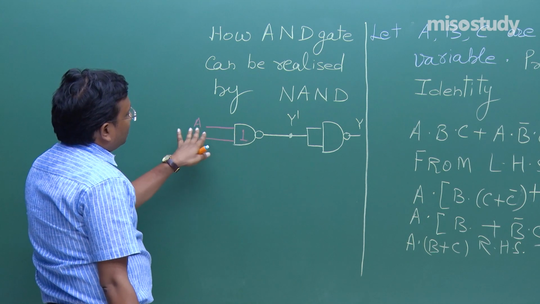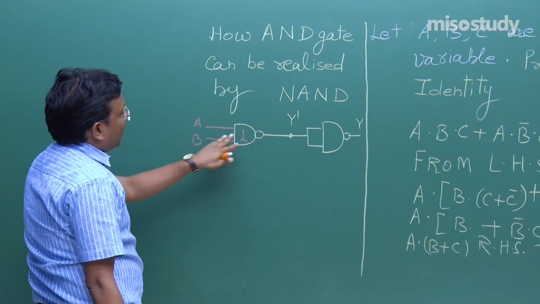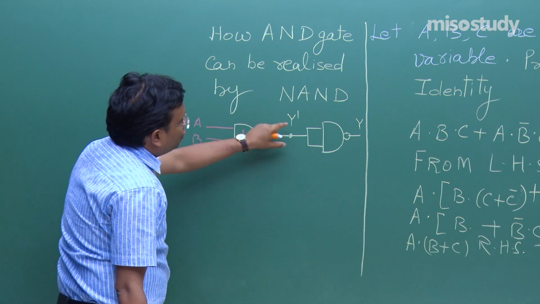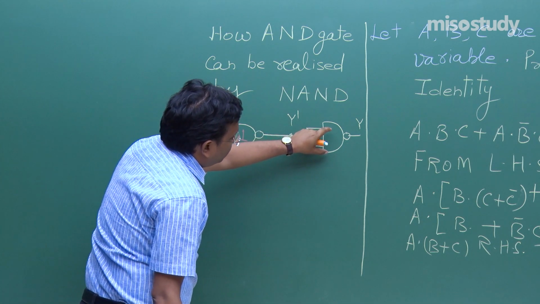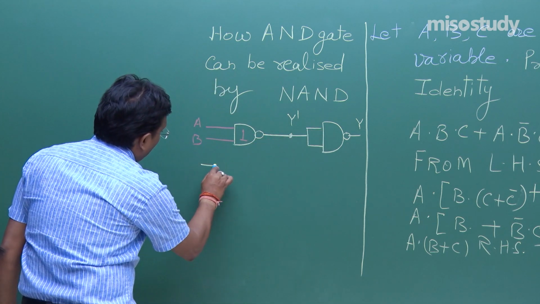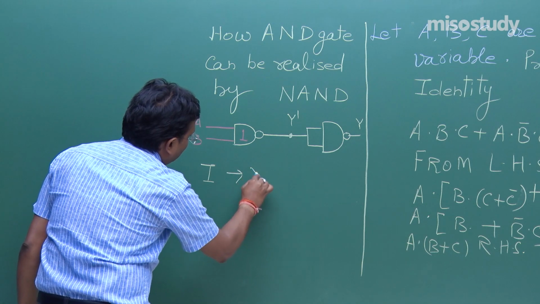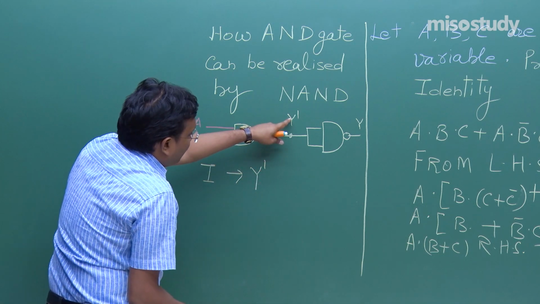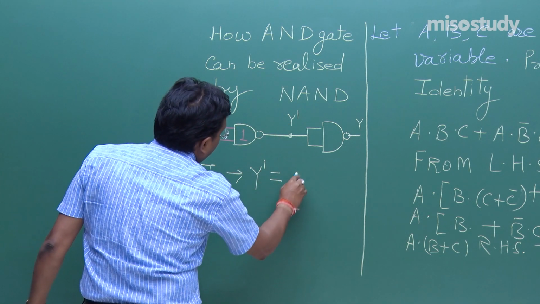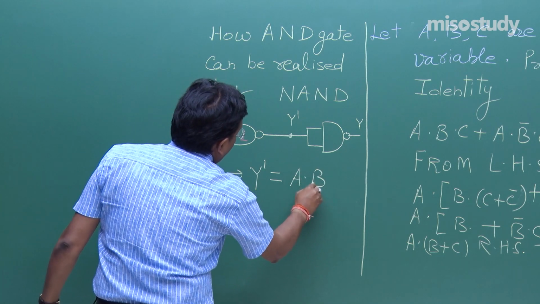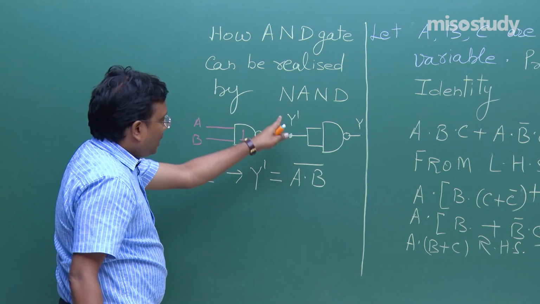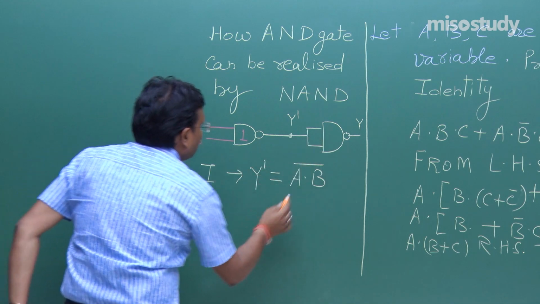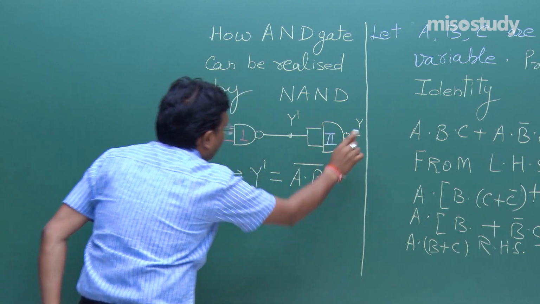In one NAND gate give individual variables and then the outcome should be added in both inputs of another NAND gate. So what you can say about first? You can say this Y prime is nothing but A dot B bar. Simple.